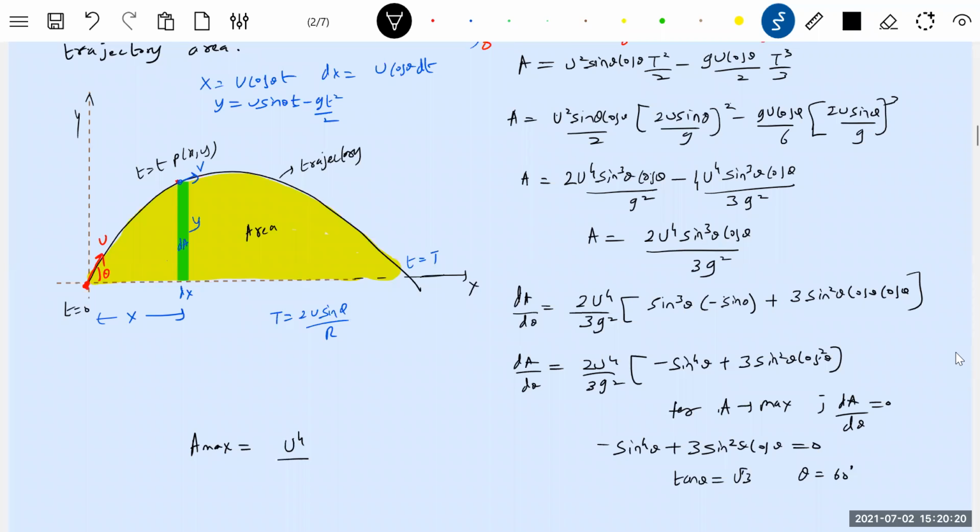U to power of 4 g square, I'll keep it. Some values, numerator, denominator, I have to adjust. Root 3 by 8. Yes, okay.